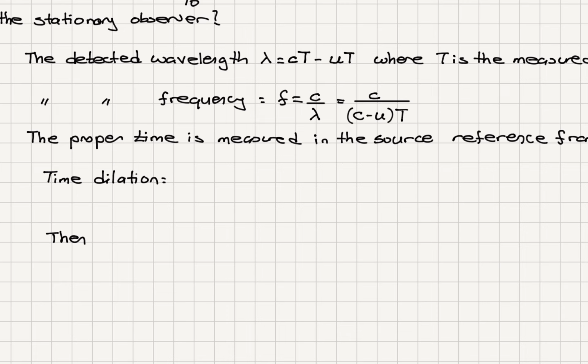In the stationary observer reference frame, we have time dilation, so the period detected by the stationary observer will be the relativistic correction factor gamma times T0. So this is the proper time T0 divided by the square root of 1 minus u squared over c squared.